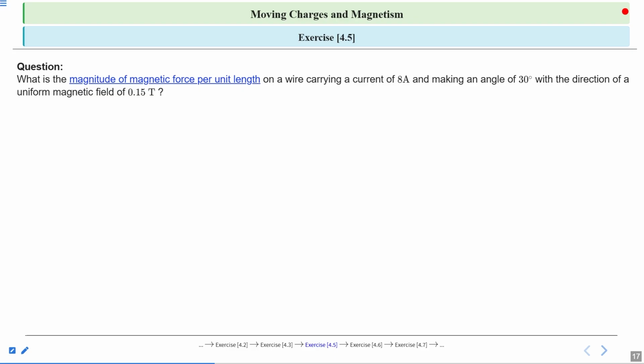Then you have to divide it by length, which will result in force per unit length.